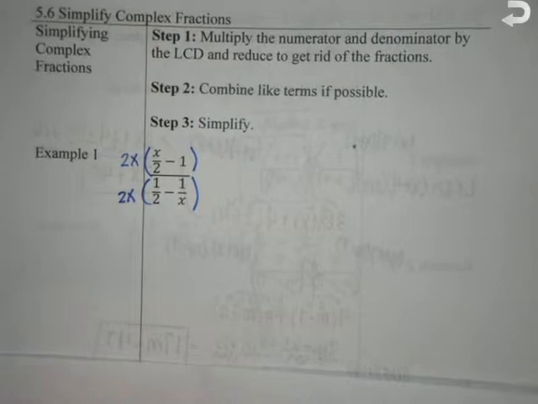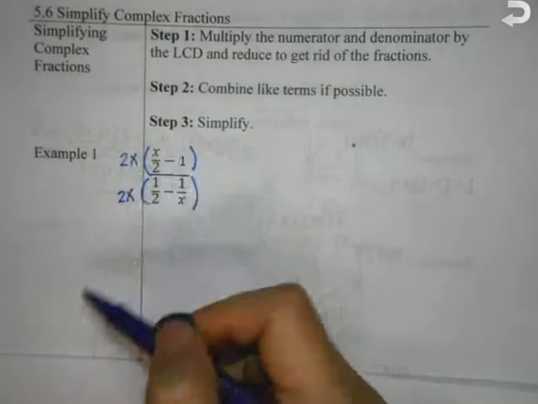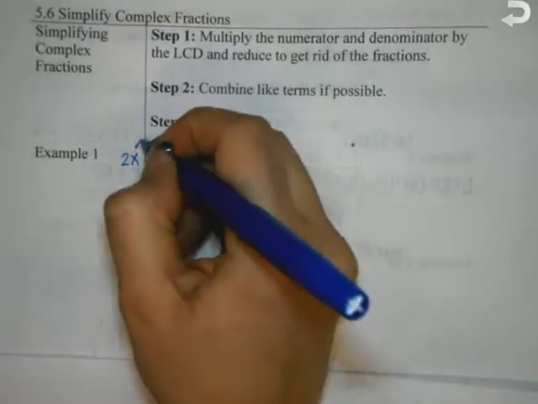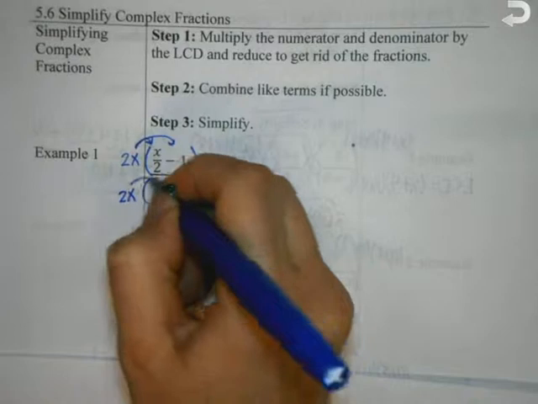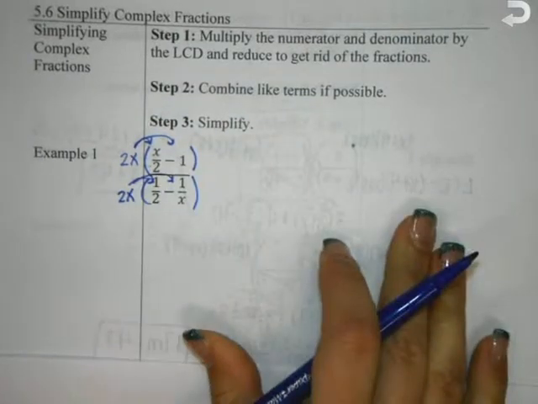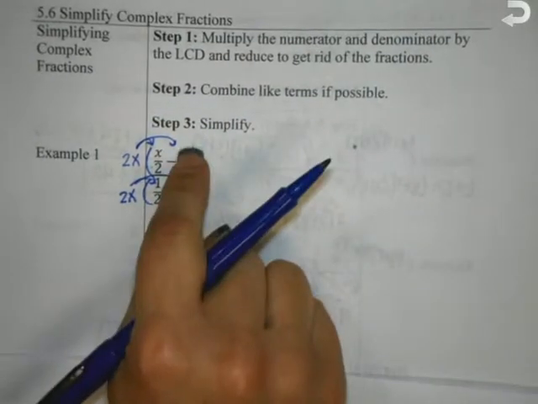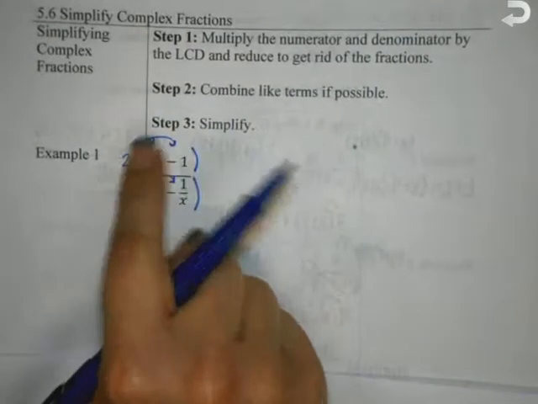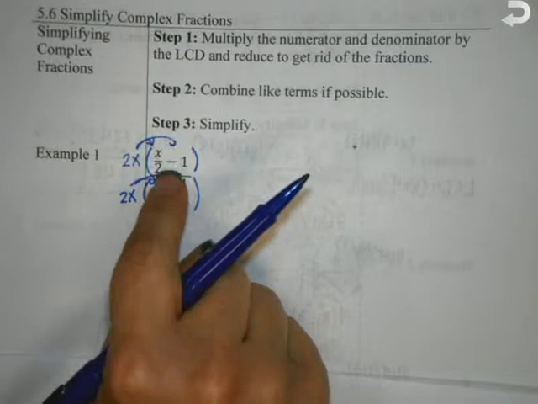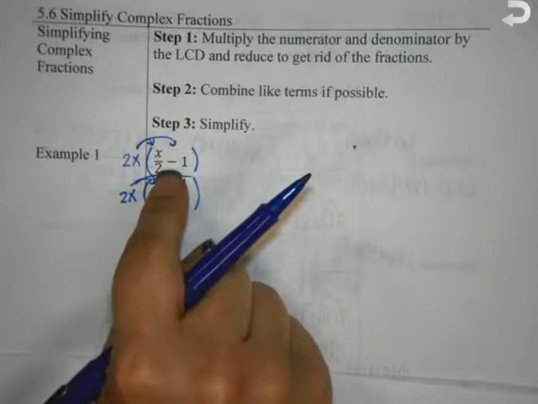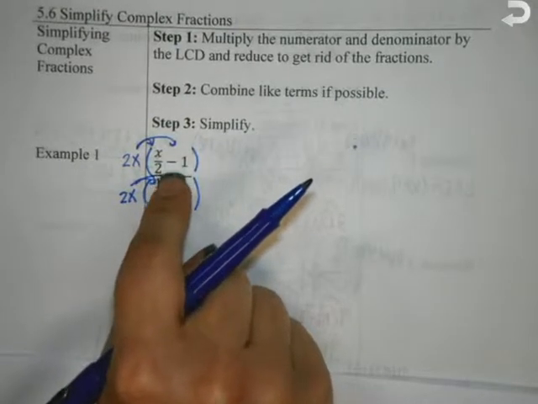Okay? What property does this look like? Distributive. So distribute. So what will I have in the numerator? If I have 2x times x over 2, 2x squared over 2.